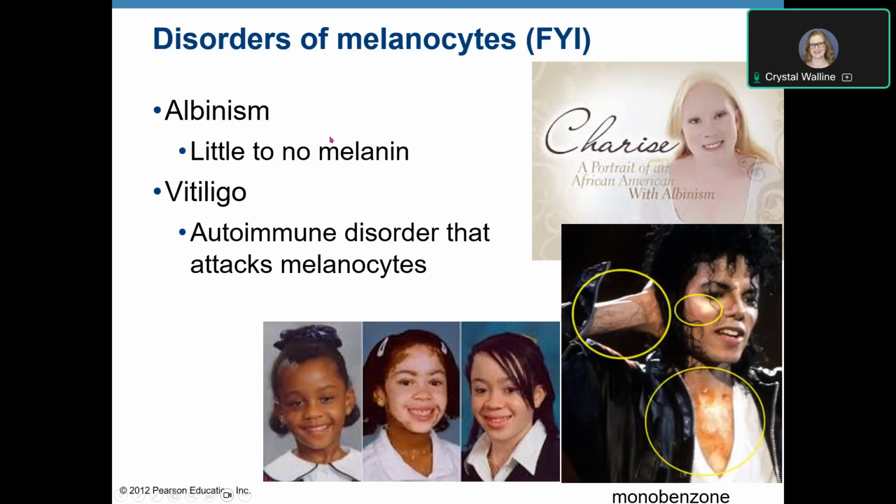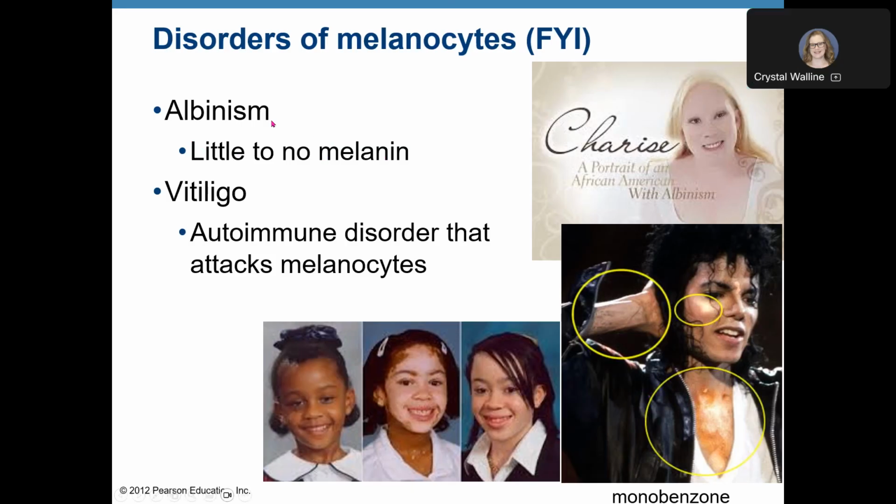All right, now on to albinism. Apologies for misspeaking there. Albinism is a genetic condition that occurs when there is a mutation in the melanocytes that result in them not producing melanin. It is not an autoimmune disorder, it's an inherited genetic condition.